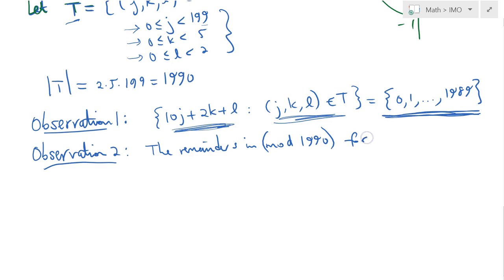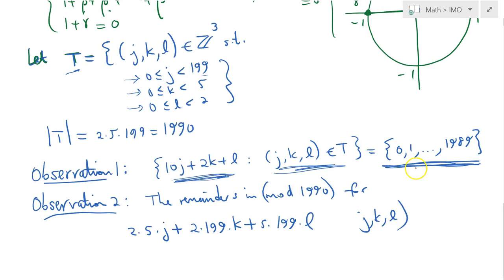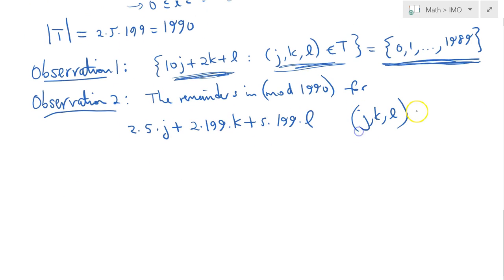for the following numbers. Now guess what? These numbers here, 2 times 5 times j plus 2 times 199 times k plus 5 times 199 times l. Again, j, k, l are triples from T. Again, guess what?